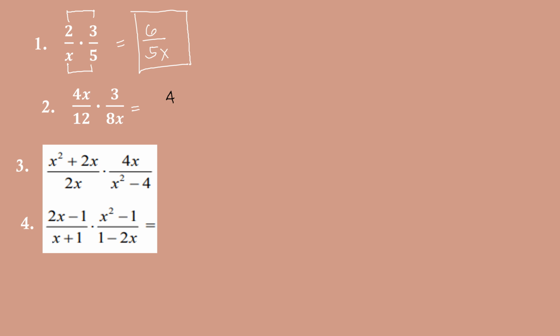So there is a 4x in the numerator and there is a 12 in the denominator, so we can factor it this way. Instead of 12, we multiply 4 and 3. So that is our first fraction, 4x over 4 times 3. And then the 3 there will be rewritten. And then the 8x could be factored out as 4x times 2.